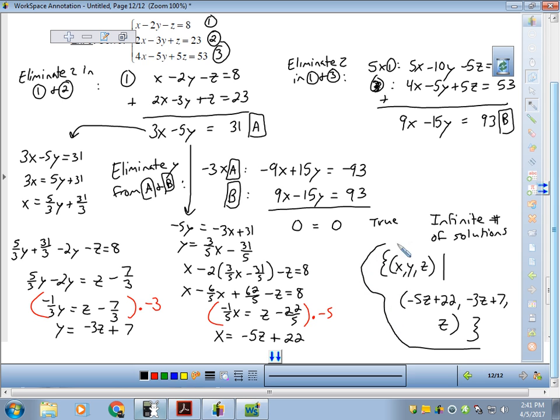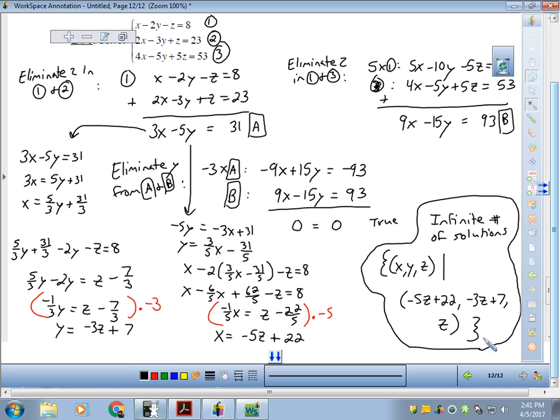Now, when we write it like that, what it means is I can pick any number I want for z, and once I have determined that number, I can plug it in here, and that will let me find x, and I can also plug it in here, and that will let me find y. But z can be any number, which is why we have an infinite number of solutions.